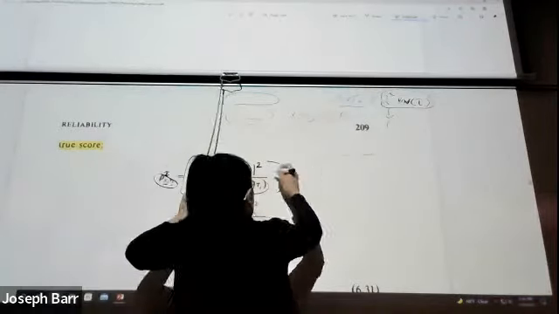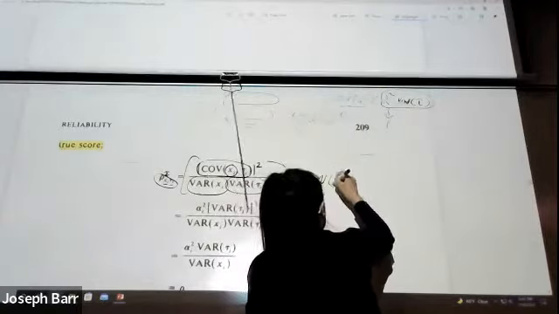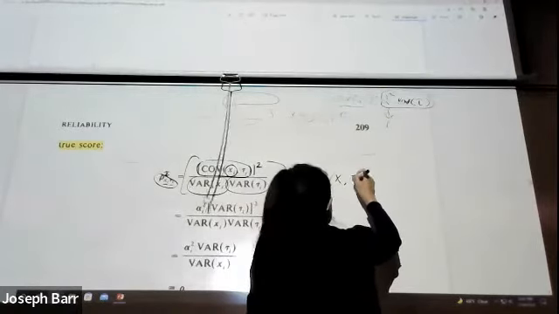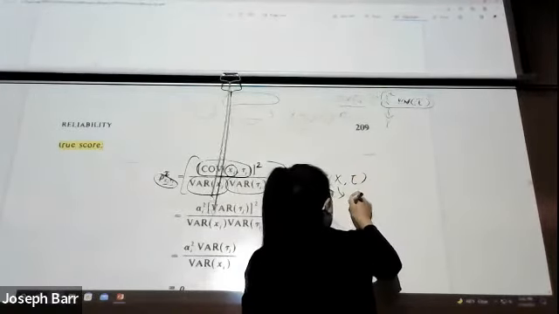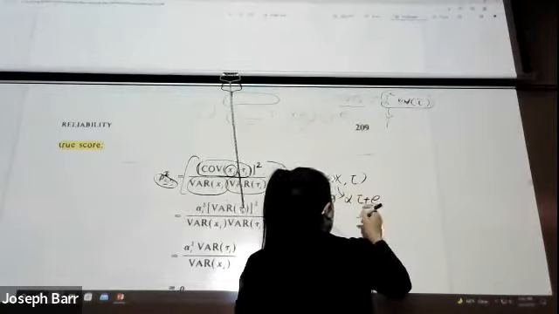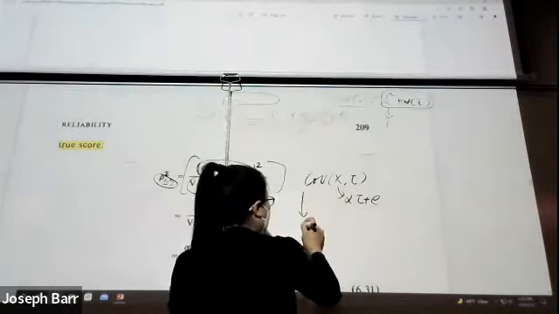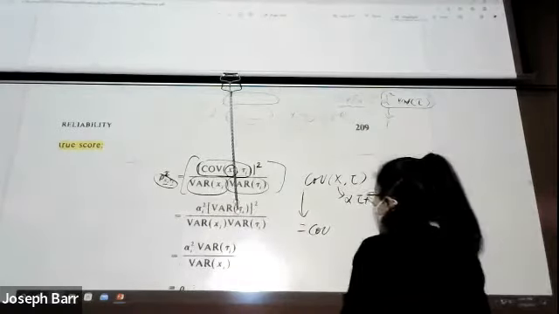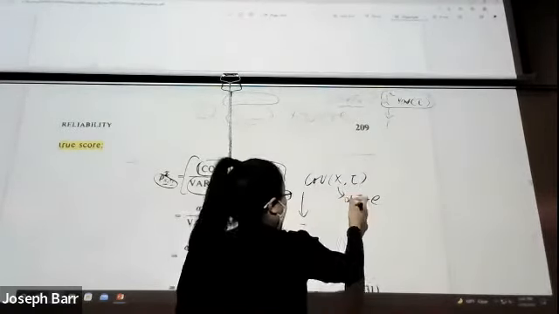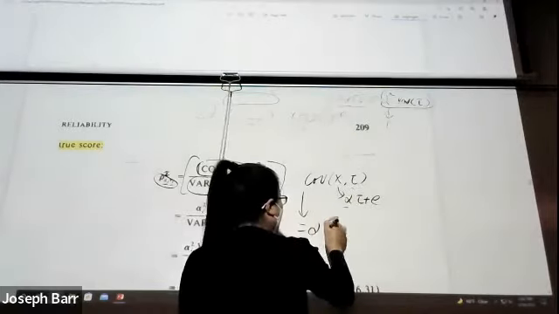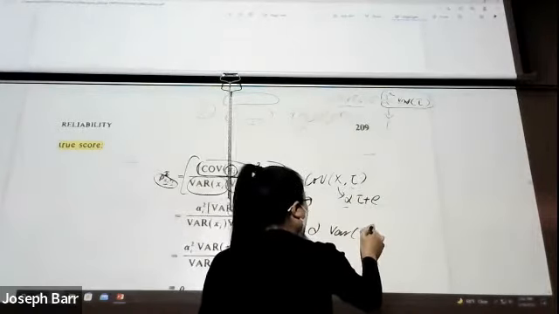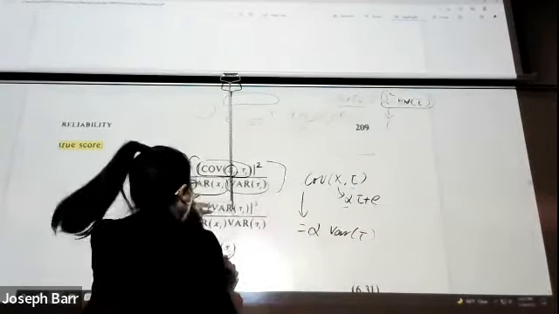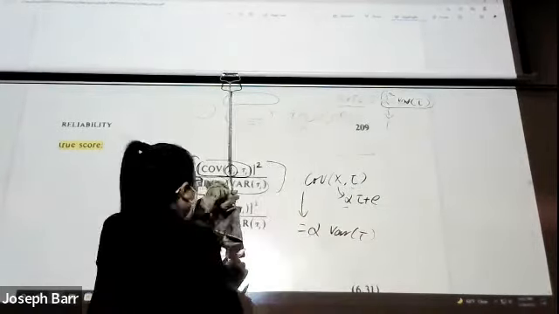So you can just do the derivation of the covariance between x and tau. x is alpha times tau plus e, so the covariance becomes alpha times the variance of tau.